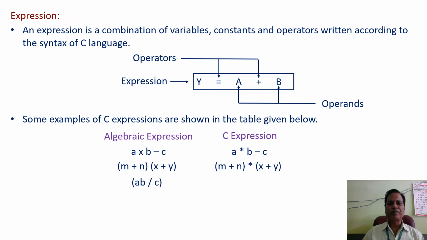In a similar way, AB slash C can be written as A asterisk B slash C. Now if we have the algebraic expression 3x square plus 2x plus 1, while solving this using the C language, we have to modify this expression, and we write it as a C expression like this: 3 asterisk x asterisk x plus 2 asterisk x plus 1.